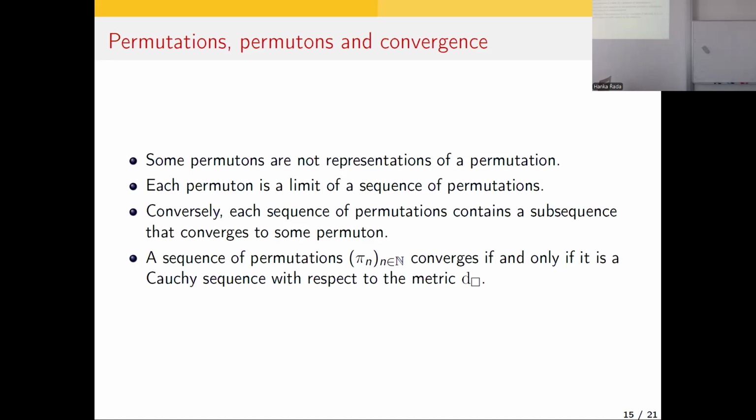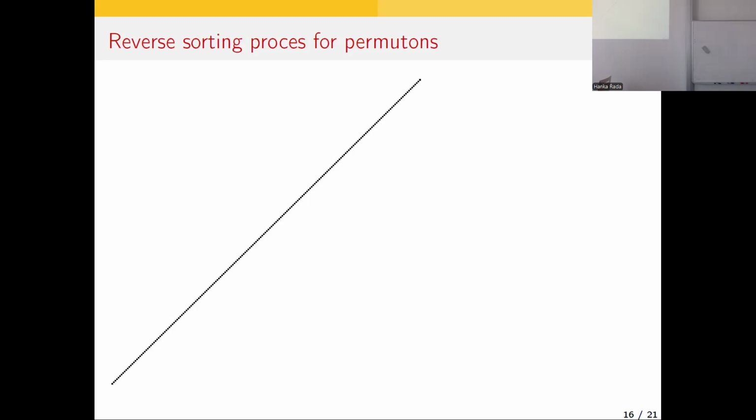So how can the process look on permutons? Now we take an increasing permuton, a permuton that is a representation of an increasing permutation, and we want to do the contrary to the sorting process, a reverse sorting process.